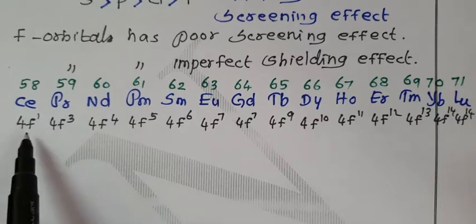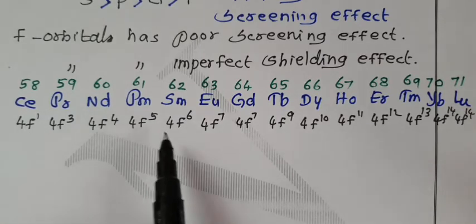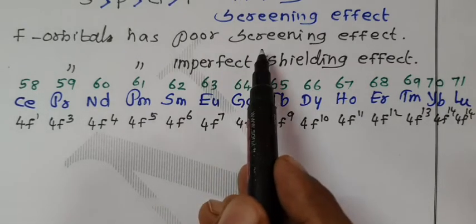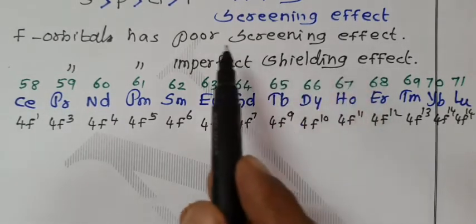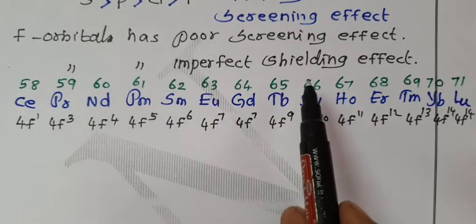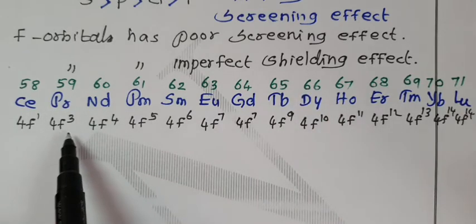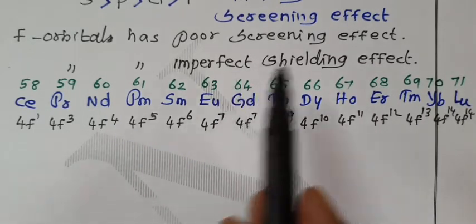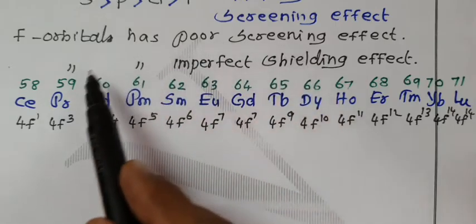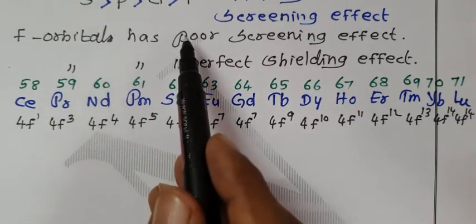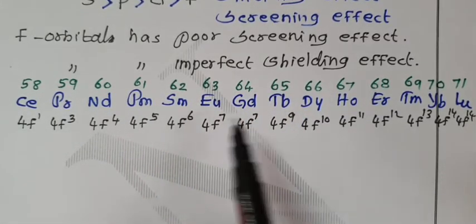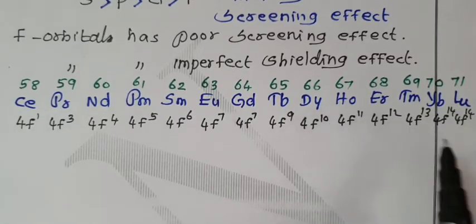We know that the 4f subshell has a diffused shape, and therefore the shielding effect of 4f electrons is relatively poor with the increase of nuclear charge. The valence shell, the outermost shell, is pulled slightly towards the nucleus.